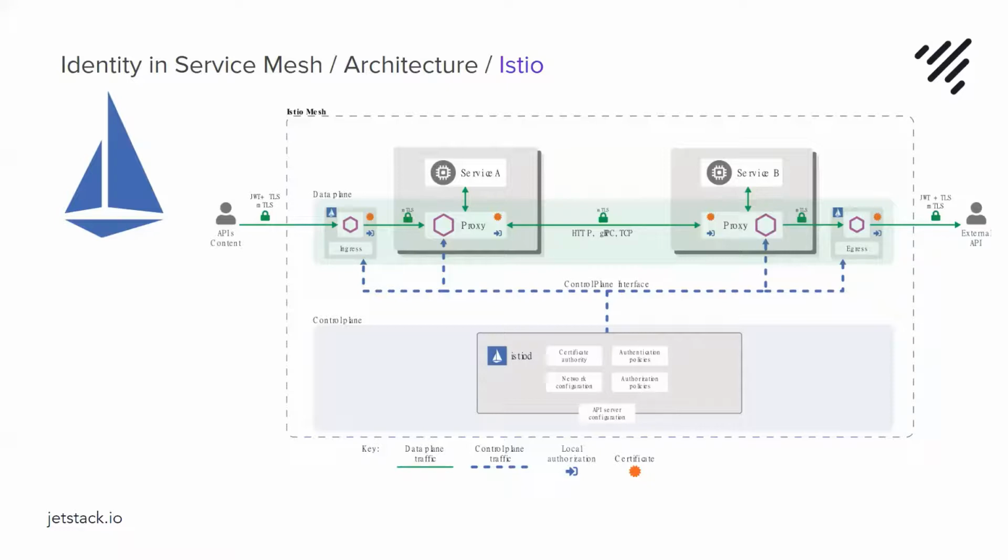And to point out here, Istio in its control plane has a component called Citadel. It's now part of Istiod, and that is effectively responsible for providing the X509 TLS certificates to the proxies, in this case, the Envoy-based proxies.